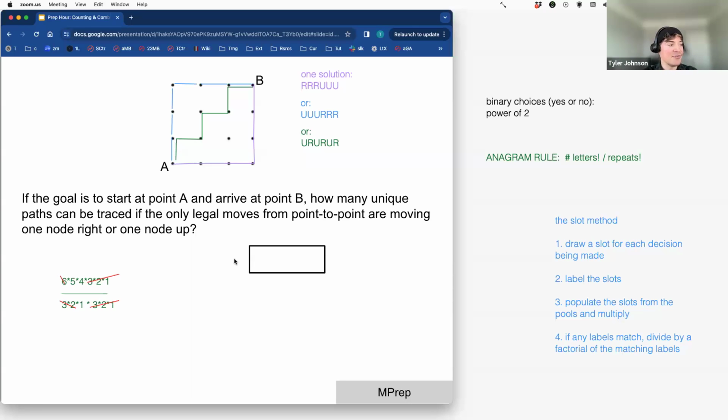And the answer is just 5 times 4, which is 20. Again, very challenging, but on a really hard problem, you might see an anagram type of question hidden in disguise, kind of buried underneath this complicated story. But at its core, it's just rearranging R's and U's, our right moves and our up moves.